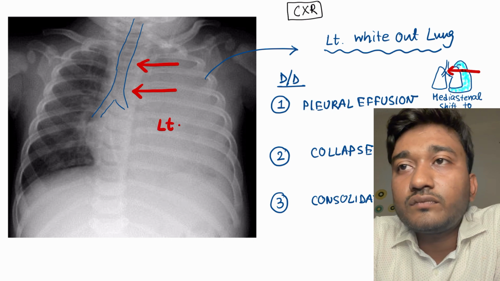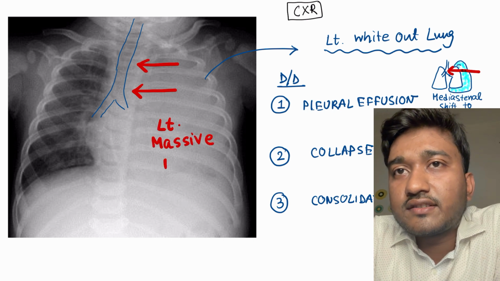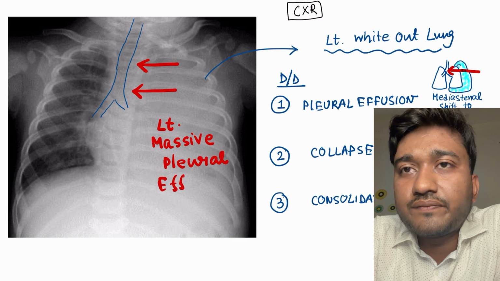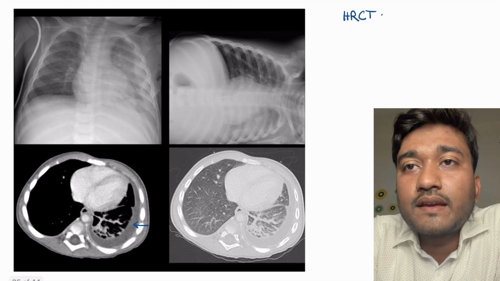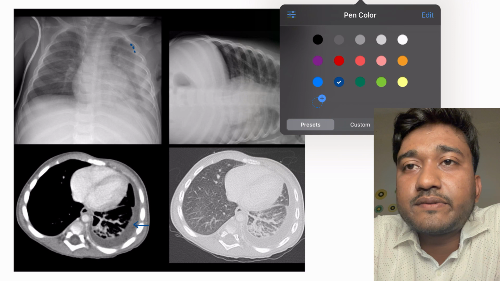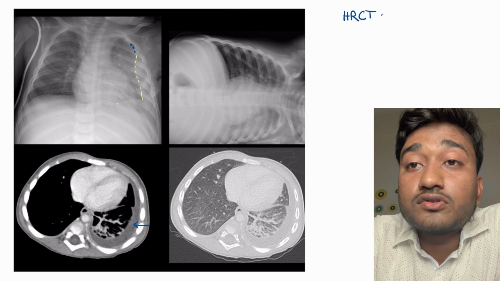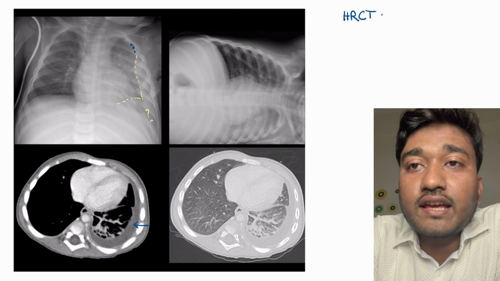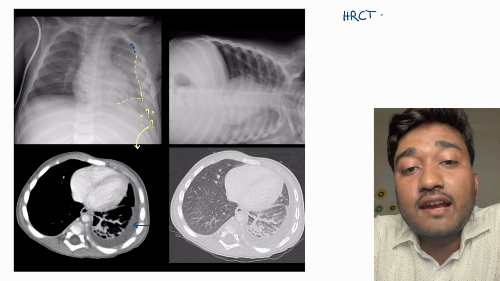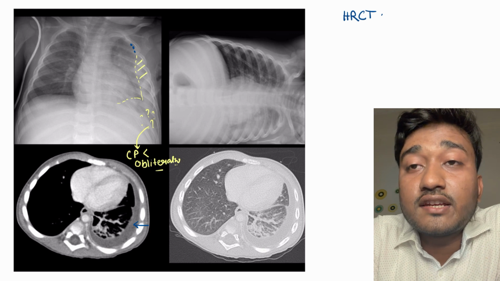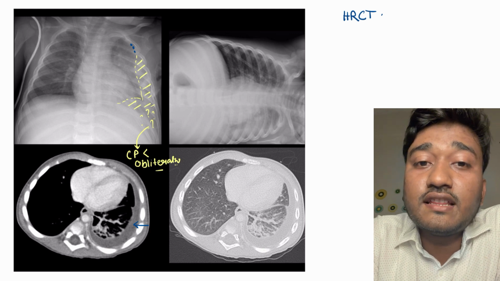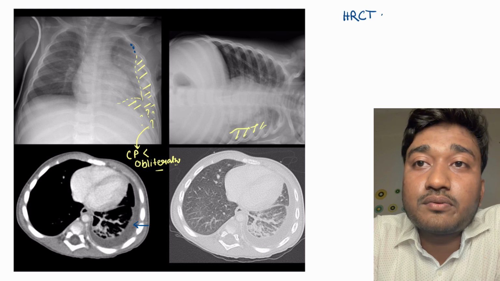Now in this chest X-ray, the patient is standing, but there are still white opacifications on the left side, and the CP angle, the costophrenic angle, is obliterated. This means there is fluid collection that is organized, with septations. That's why there is no position change. The patient is standing, yet the fluid is present in that shape.